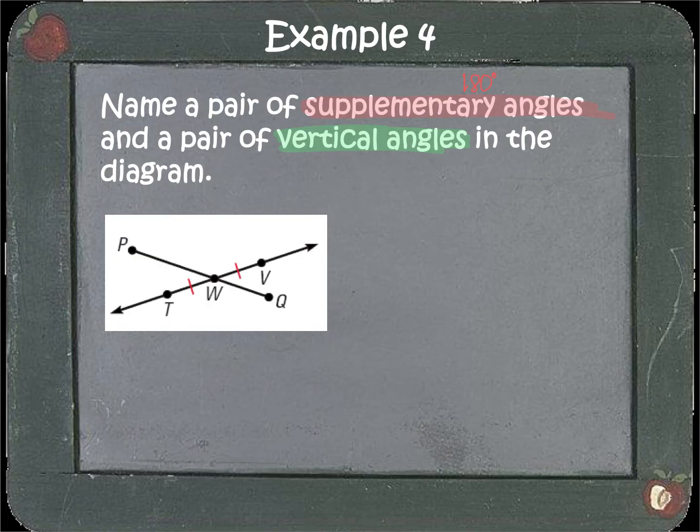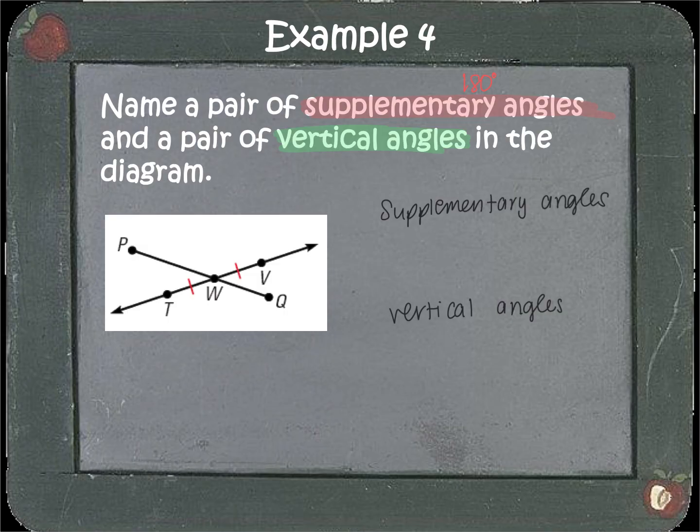Okay, so looking at this, supplementary angles, and then I have my vertical angles. There are different answers that we can get, but I'm just going to name one pair. So supplementary angles, again, we know that means two angles added together to equal 180 degrees. So two angles added together to equal a straight line.